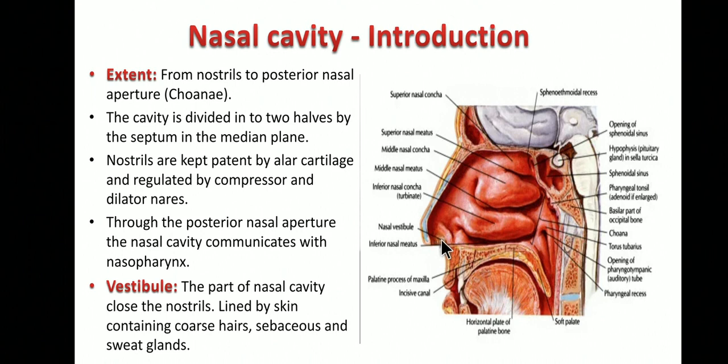It is lined by skin and contains sweat glands as well as sebaceous glands. The vestibule means a connecting part which does not belong to any area. You cannot consider this under the nasal cavity, or on the external nose.